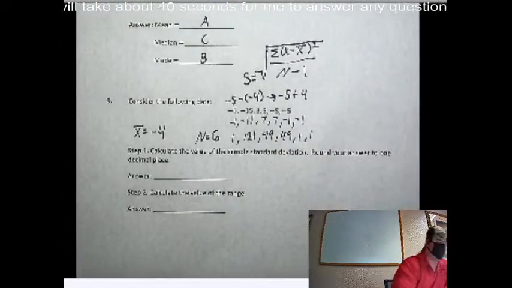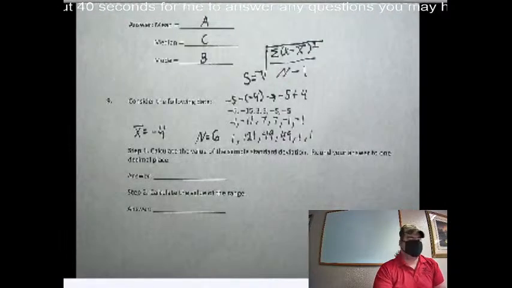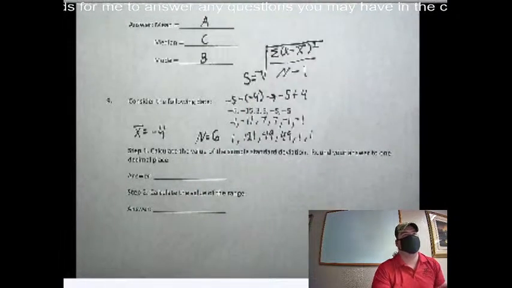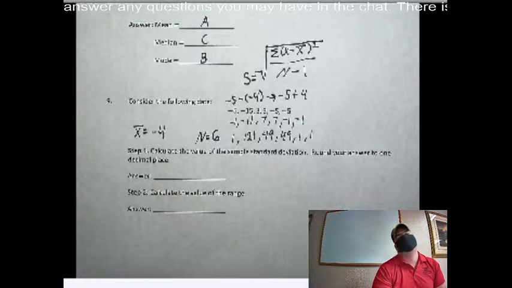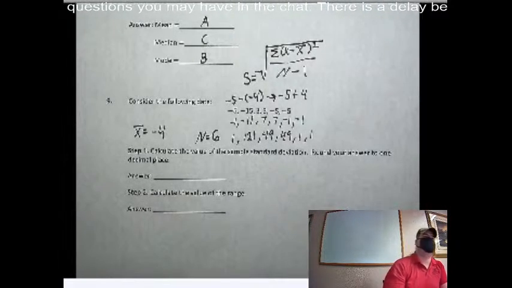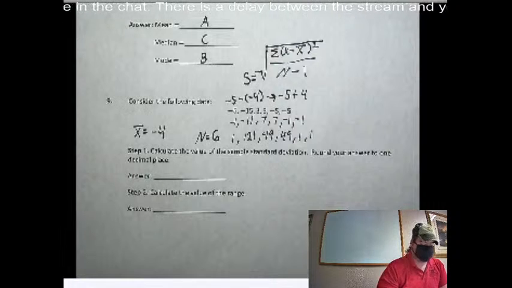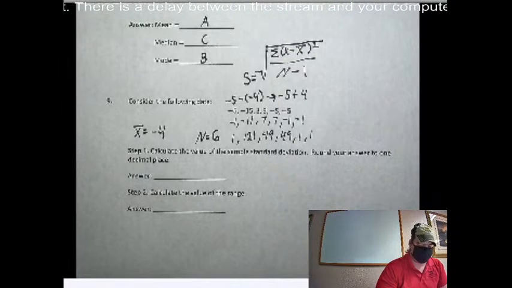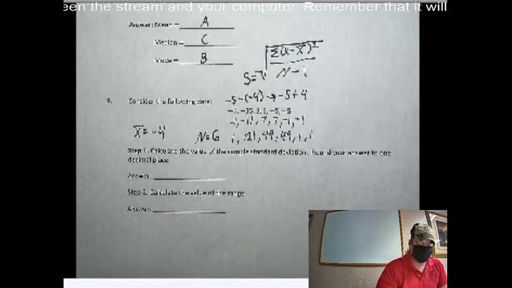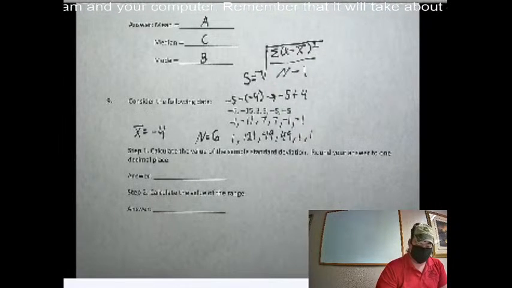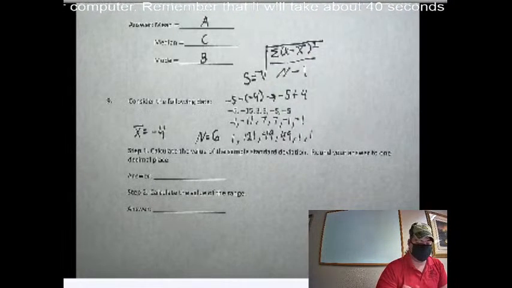So we've subtracted our x minus x bar, squared them. Now we need to combine them all together. So get our sum. So we've got 1 plus 121 plus 49 plus 49 plus 1 plus 1.